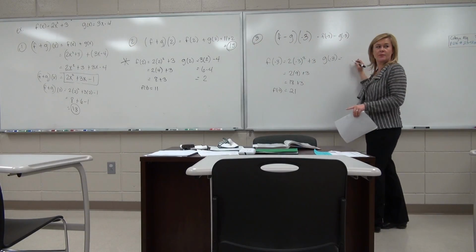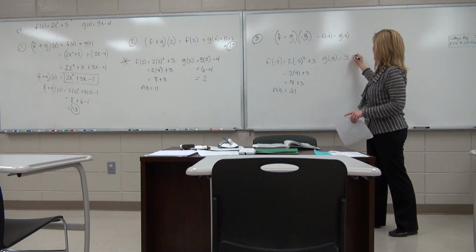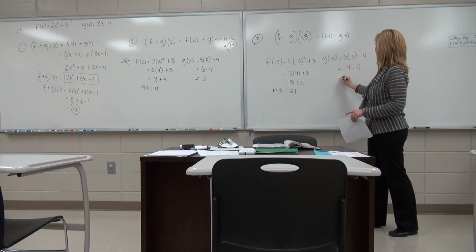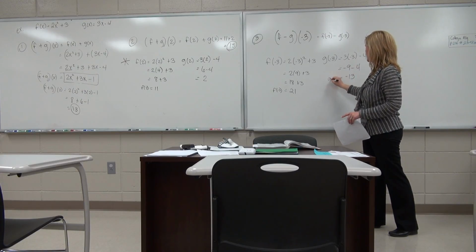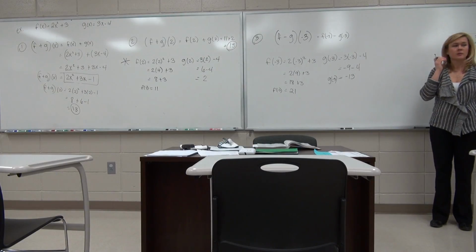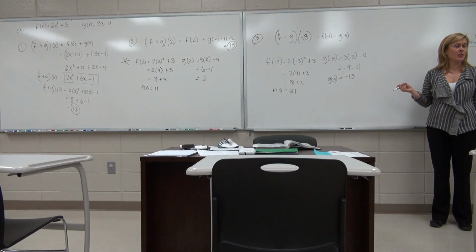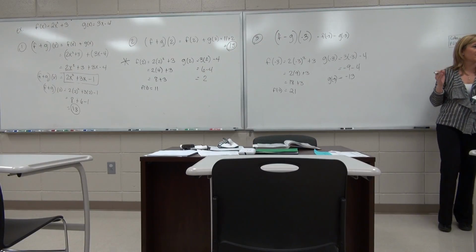G of negative 3 would be 3 times negative 3 minus 4, or negative 9 minus 4, which is negative 13. Remember, when the signs are the same, you really add and take the sign of the number. You only subtract when the signs are different.